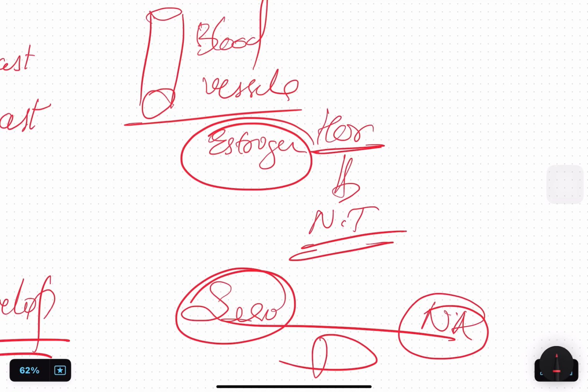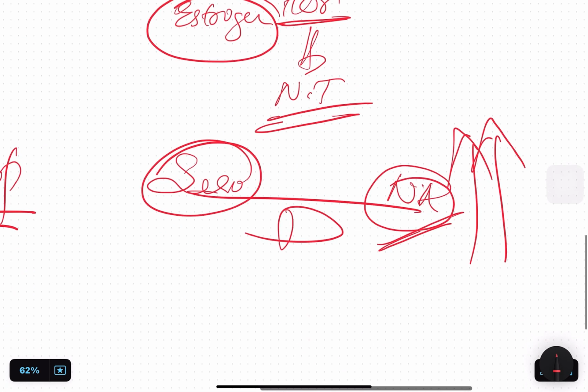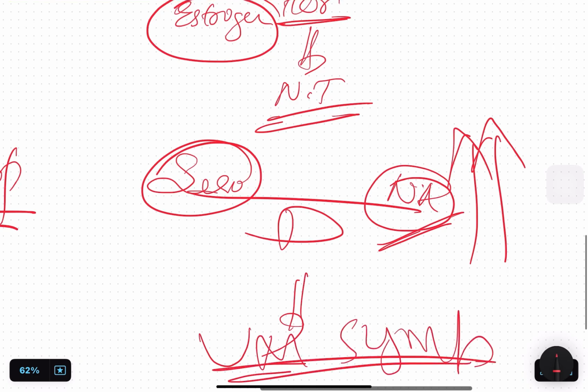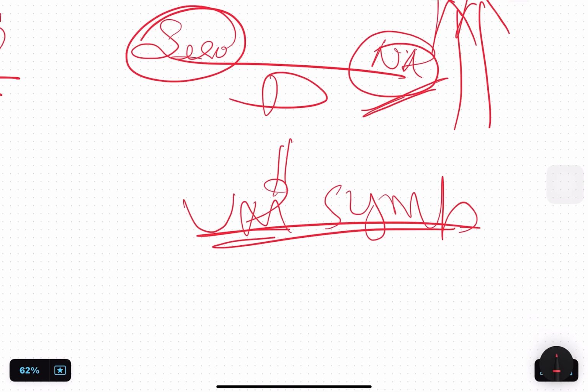Serotonin is a happy hormone, but noradrenaline is not. If its level increases, you'll have vasomotor symptoms. Vasomotor symptoms mean hot flashes: at night, suddenly she will wake up feeling hot for 5 minutes, then she'll be normal.